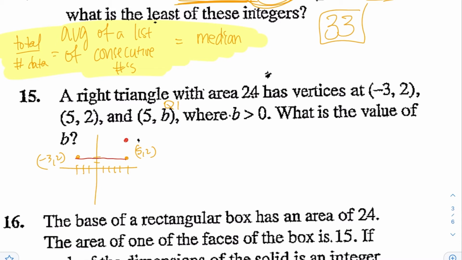The idea is that because the 5, b lines up, you can actually make a perfect right triangle where the base goes from negative 3, 2 to 5, 2. So from negative 3 to 5, that's a distance of 8.